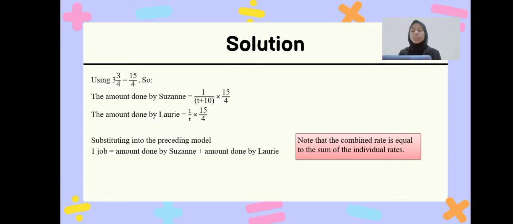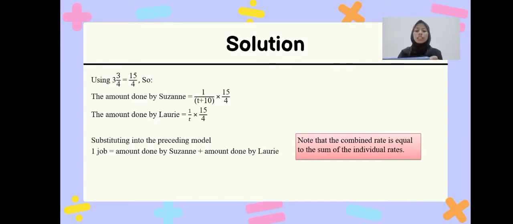Next, using 3 and 3/4 equals 15/4, the amount done by Suzanne is 1 over (t plus 10) times 15/4, and the amount done by Laurie is 1 over t times 15/4. Next, substituting into the preceding model, one job equals the amount done by Suzanne plus the amount done by Laurie.